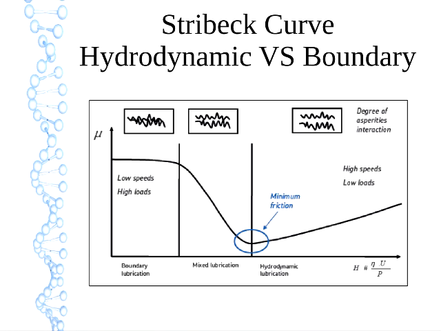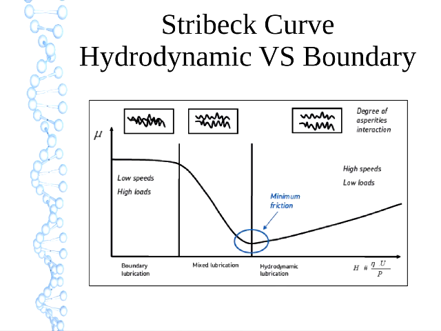So we talked about whether there is adhesion or interlocking. Here we're talking about, do you have hydrodynamic or boundary lubrication? Well, it depends. In general, at high speeds and low loads, you'll have hydrodynamic lubrication, the surface is fully separated.